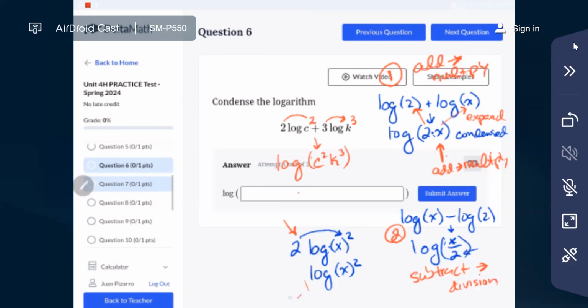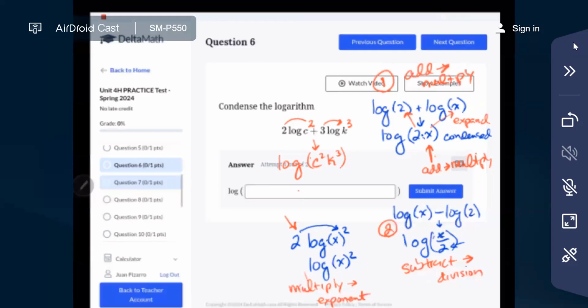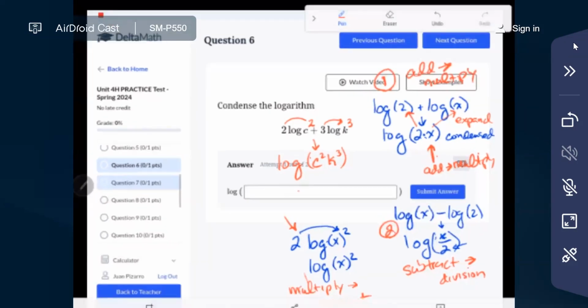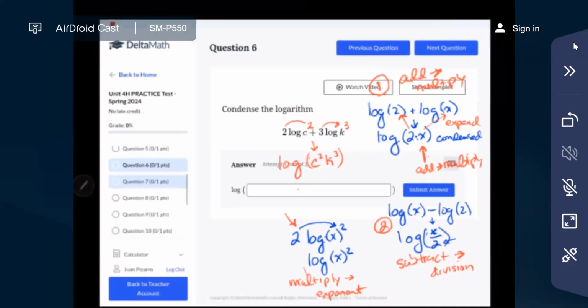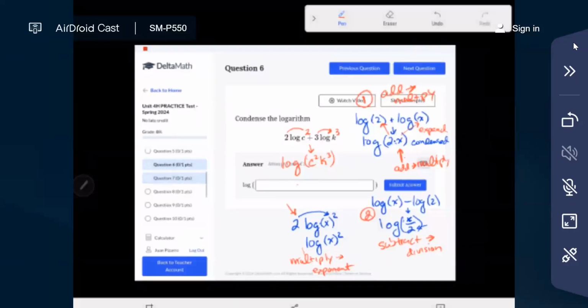And here you have your property where you have it multiplying, and you're going to change it to an exponent. All right, and these are the same properties that you have for your exponents. The same properties apply to log, if you notice that those are the same properties.